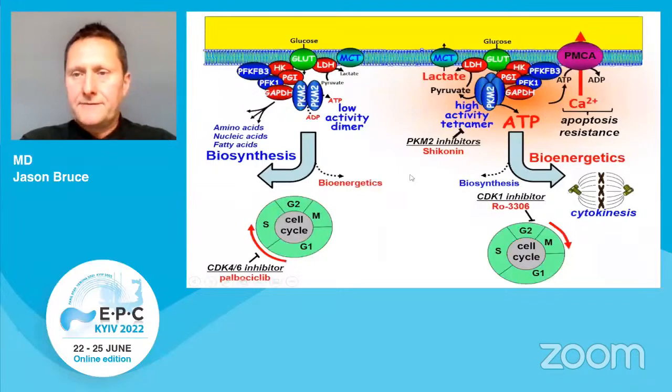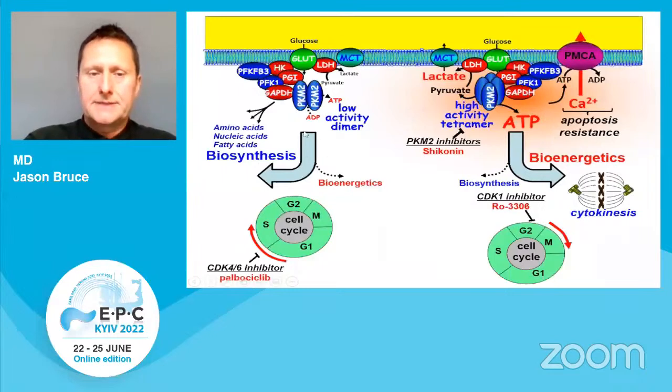And this can occur at different stages of the cell cycle. So during G2/M, there is tetrameric PKM2, which is important to provide a boost of cellular energy for cell division, whereas the low activity dimeric PKM2 is important during G1/S for biosynthesis.